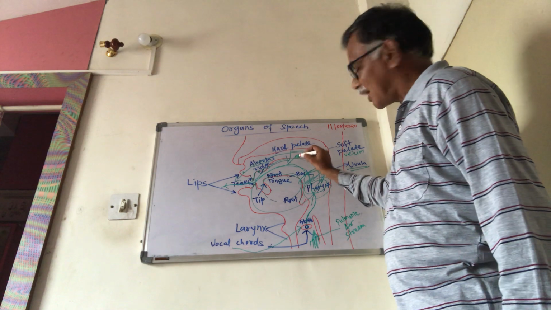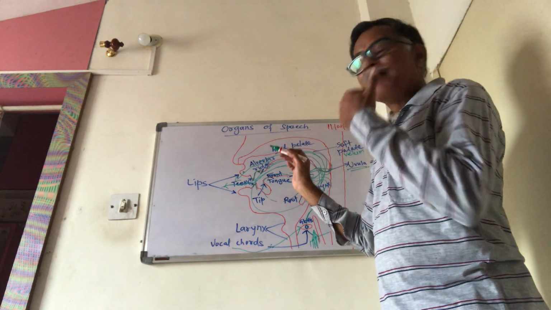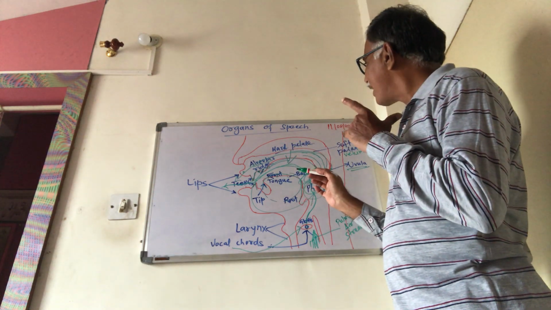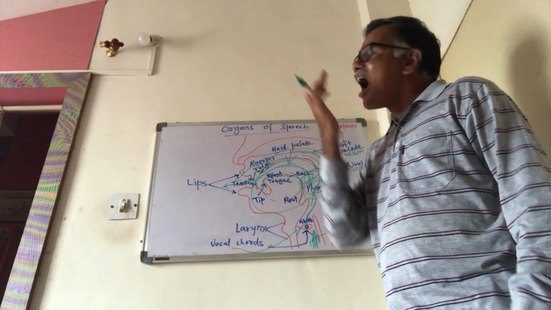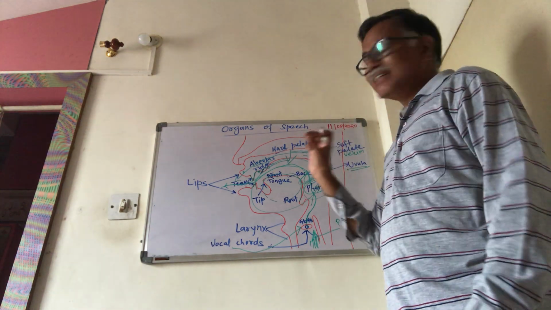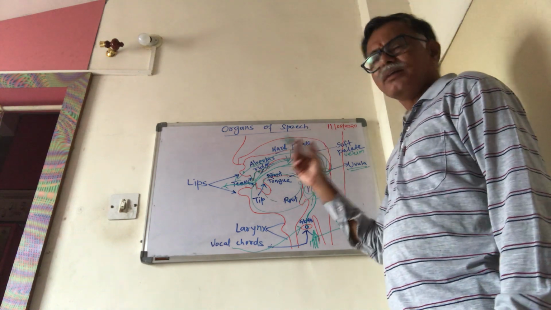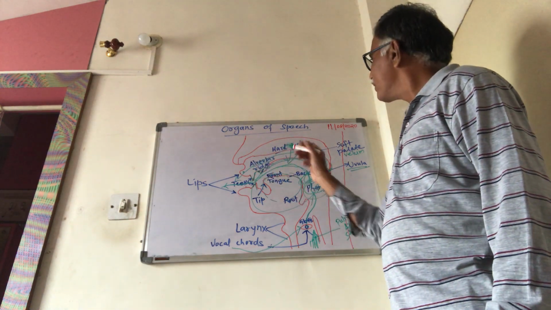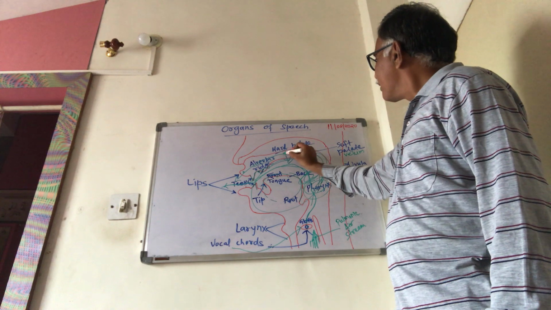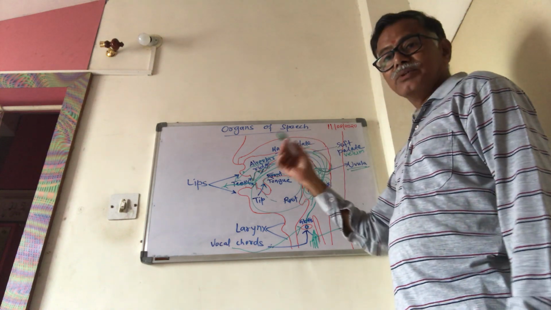Now here, this is the hard palate. Actually it is part of the mouth cavity. If we open the mouth, we find that towards the back upper side, there is a hard part of the mouth cavity. It is called the hard palate. Sometimes sounds are articulated here, producing different sounds.